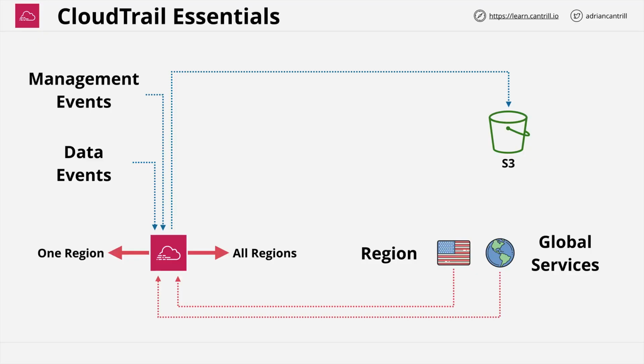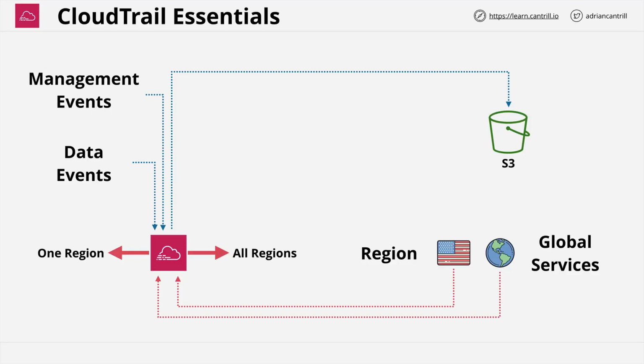Now these logs are stored as a set of compressed JSON log files, and so they consume hardly any space, but they have the benefit, because they're JSON formatted, of being able to be parsed by any tooling capable of reading these standard format files. So that's a really great feature of CloudTrail, that it stores this information in a fairly standard format.